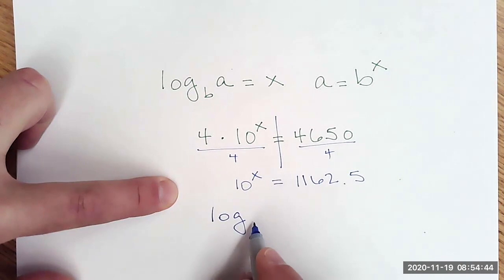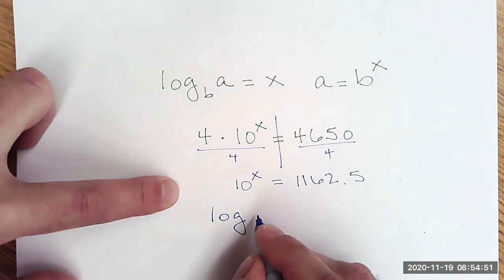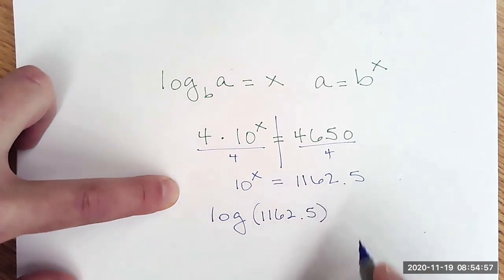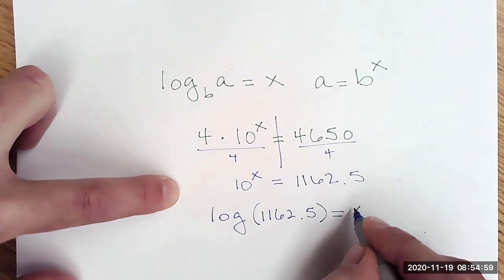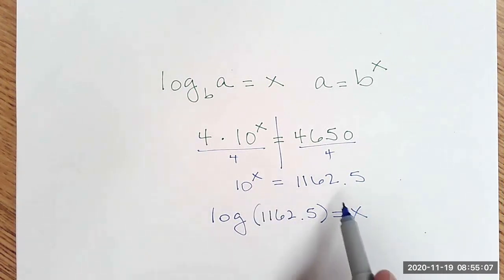My log base 10 is going to be the basis on my calculator, so I'm just going to write log of my argument, how I put it in the calculator, is equal to my exponent. What I need to raise base 10 to in order to get 1162 and a half.